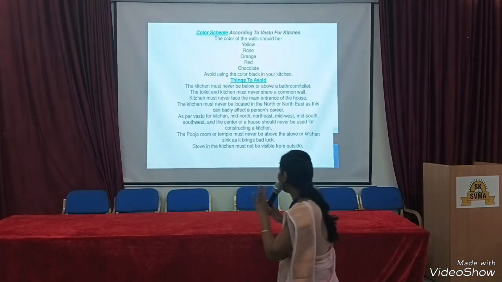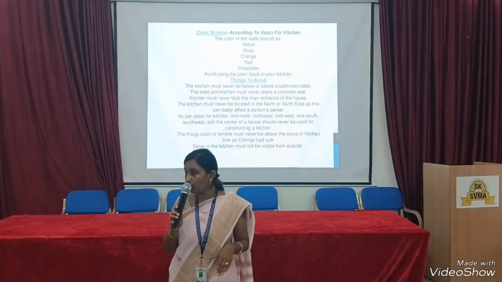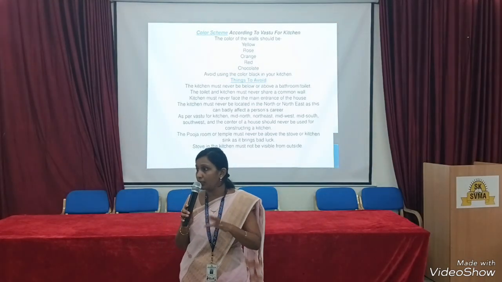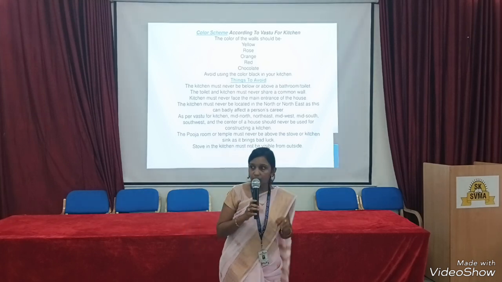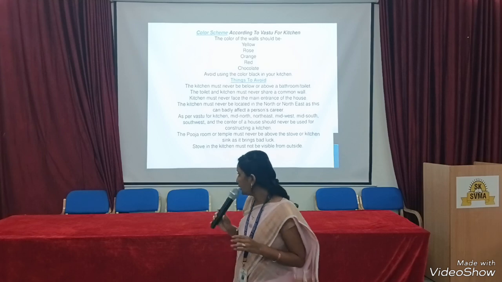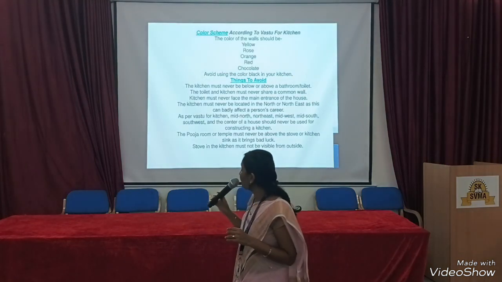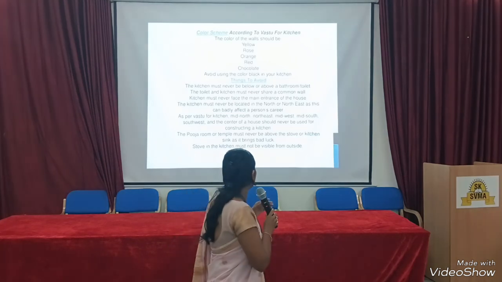But it is clearly mentioned that it should not be above or below the sink. Below is not possible, it should not be above the sink. In that way you need to construct the puja room. So this is regarding some of the tips to avoid in the kitchen.